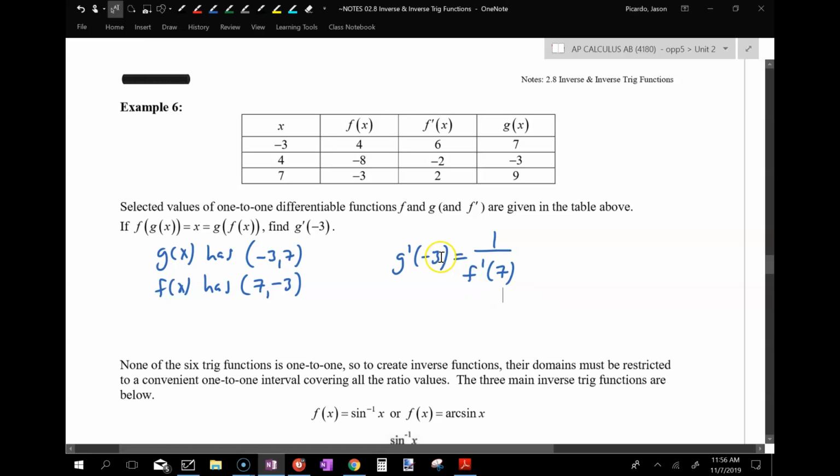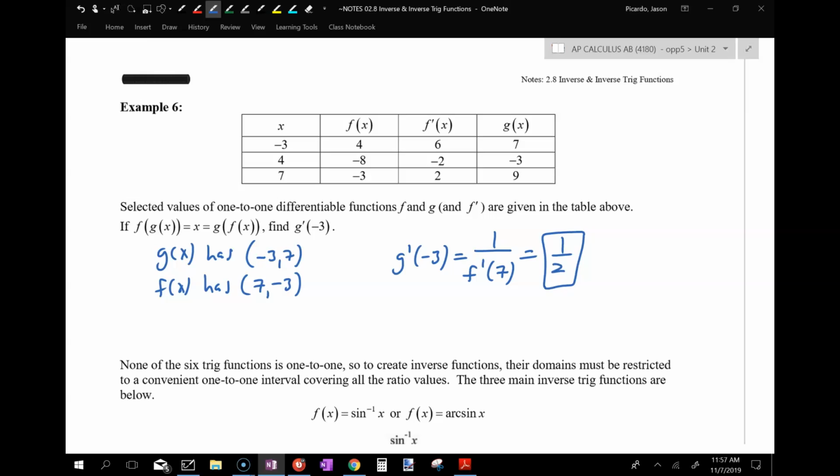If I want this, I simply need to do that. So I go to the corresponding value and put it under 1. And f prime of 7 was 2. And there's your 1/2. So I guess that would be a way to write it out. And Brandon, that was really the formula that we highlighted earlier, right? There you go.